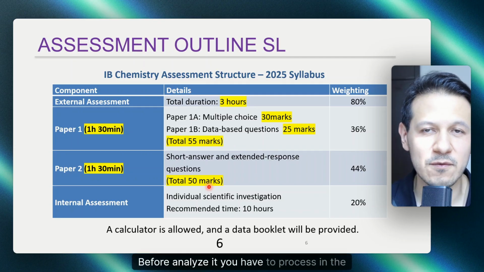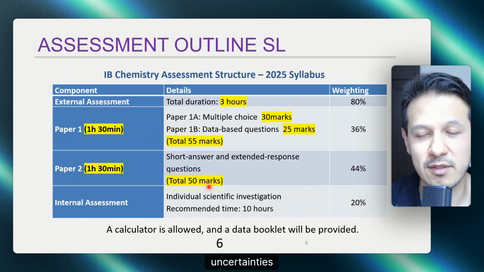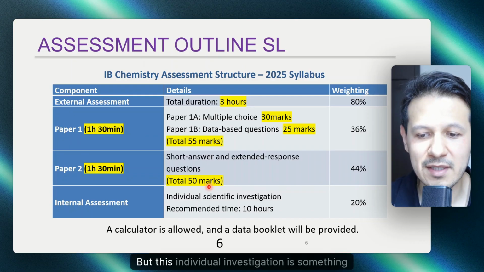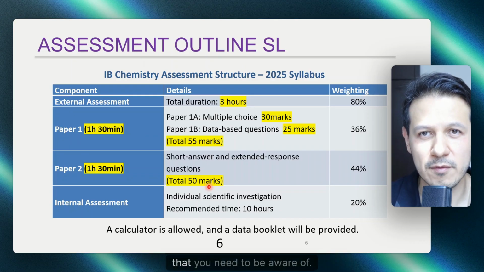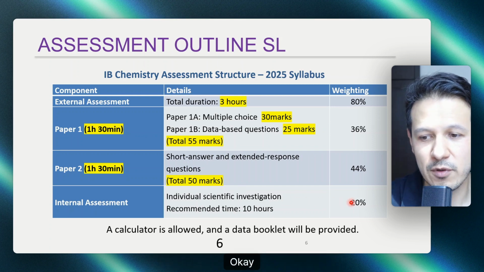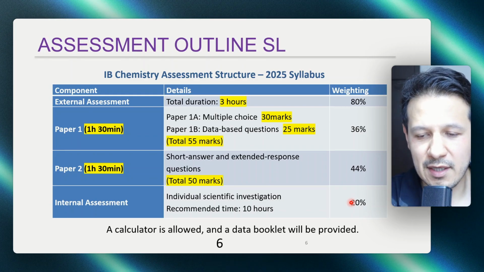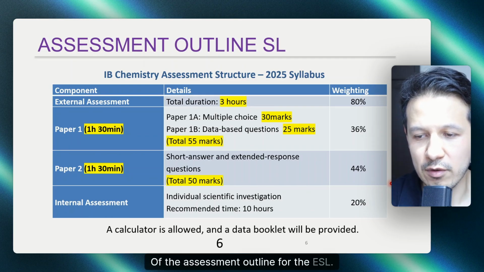Before analyzing it, you have to process it in the correct way, mentioning uncertainties, of course, and showing the proper calculations. But this individual investigation is something that you need to be aware of, because this is 20% of the weighting, okay? So if you see, this is the weight of the assessment outline for the SL.